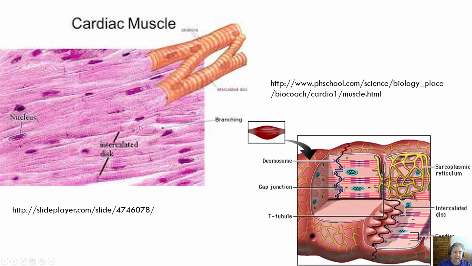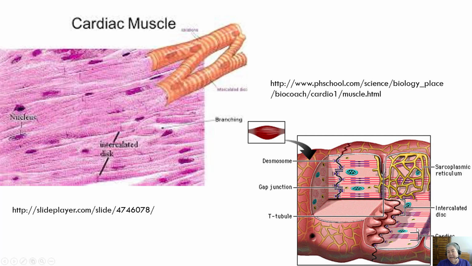There are lots of nuclei. There's a little bit of branching. In here, this is a diagram of the same thing, showing the striations of actin and myosin, showing multiple nuclei because there are multiple cells, but they're connected at these places called intercalated discs, and they function as a syncytium. They function all together.